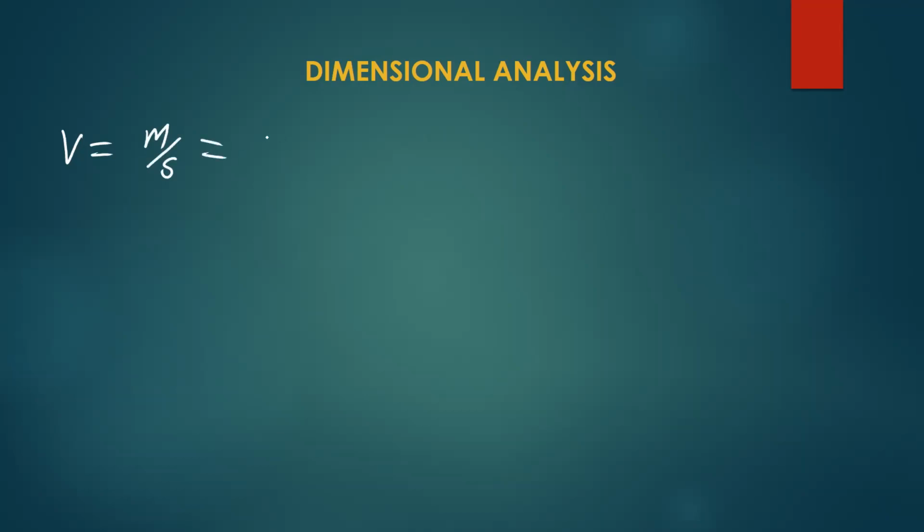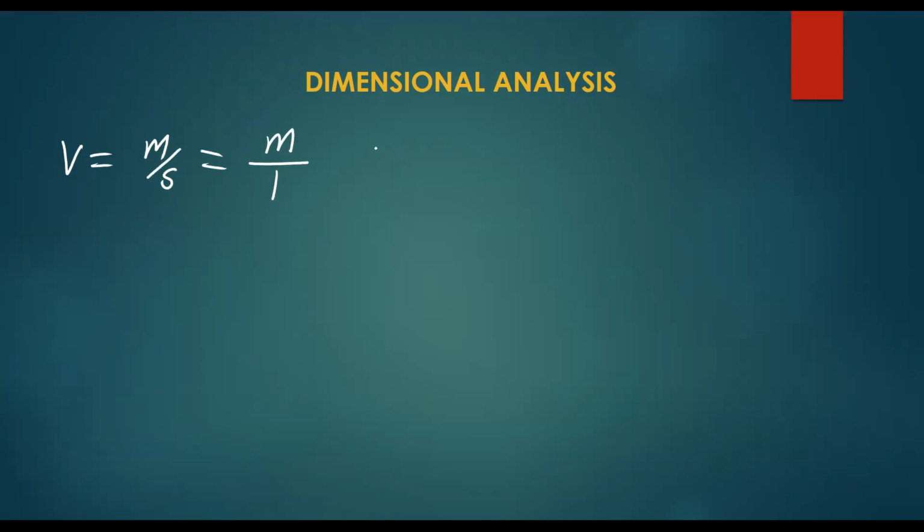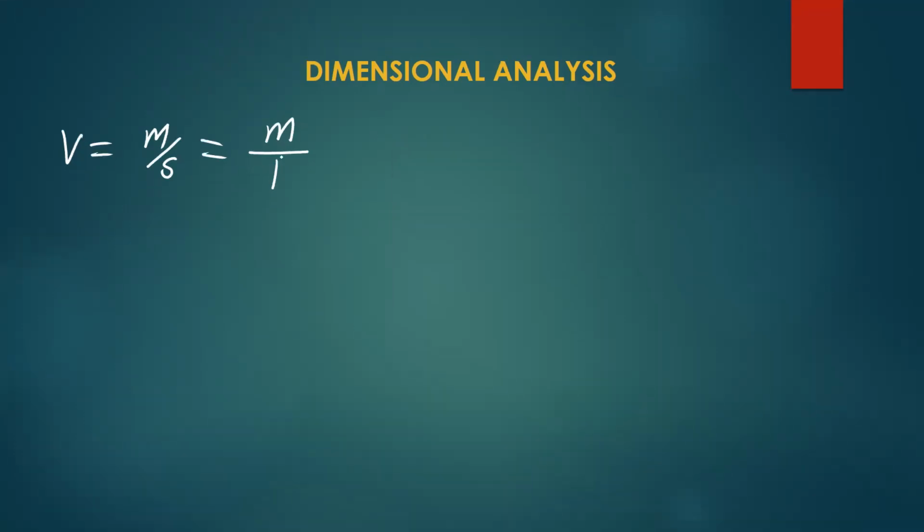So meters per second is simply just the m there over s. So what are the dimensions for m? This is the meters. So meters is simply just the length.